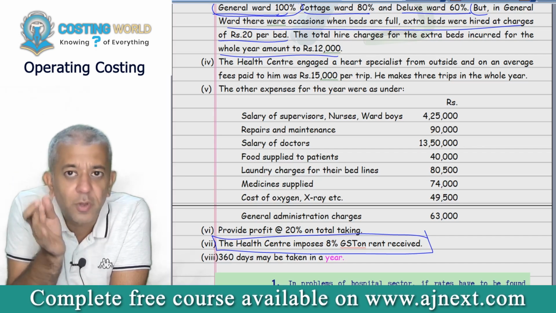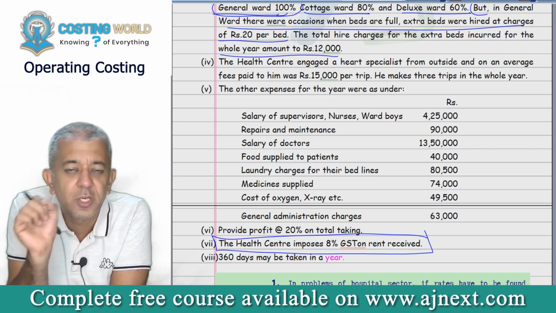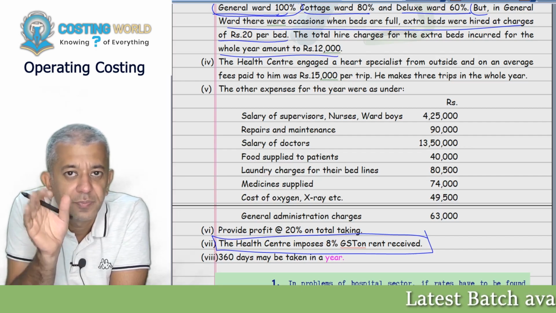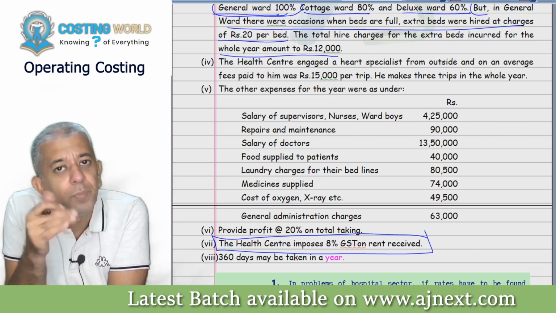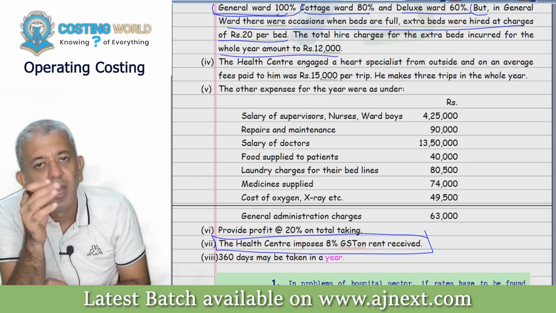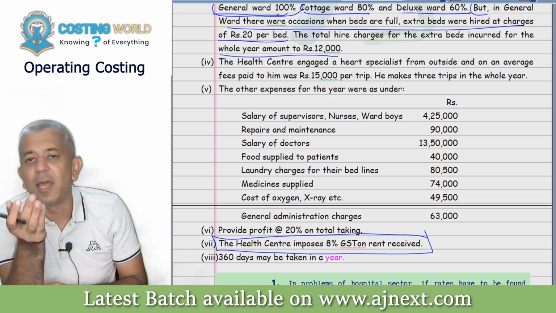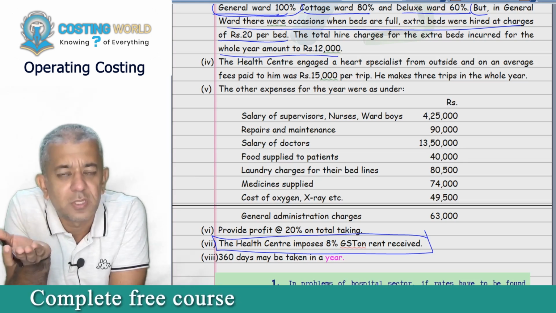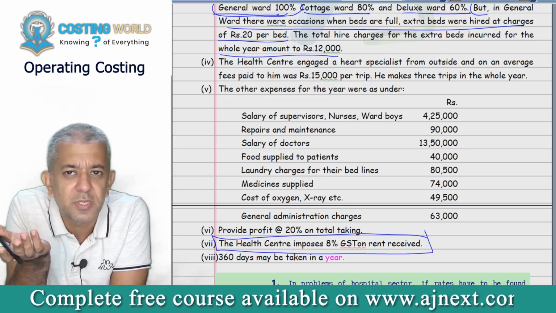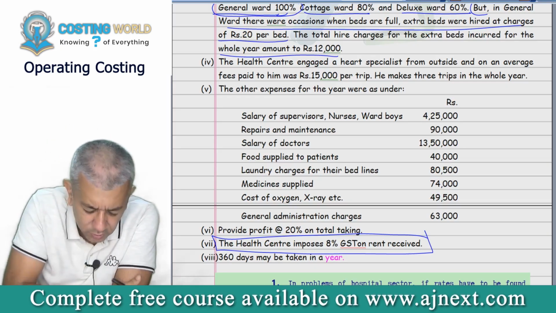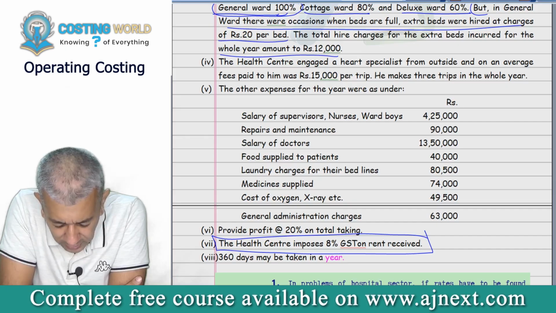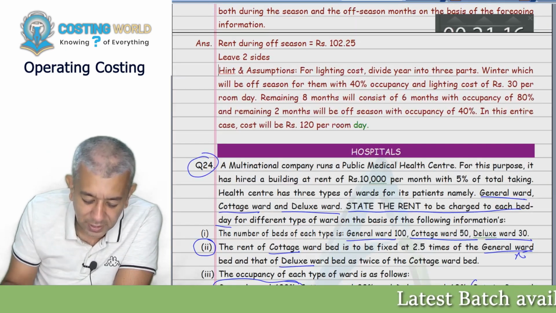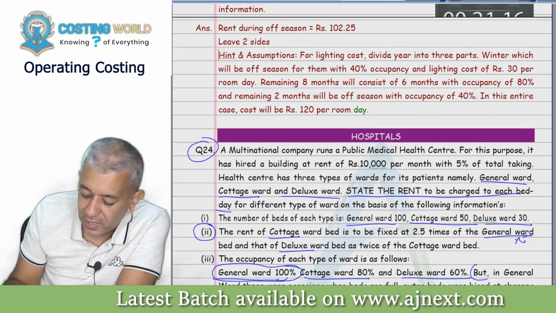Take the rates that you have computed first, add 8% to all of them. Is that all okay? I compute your fees first, in the end I think I have to be charging something extra towards the GST. So I add that GST percentage. Okay, same thing we are going to be doing over here also. 360 days may be taken in a year. Okay, now everybody is going to be reading the first paragraph properly.